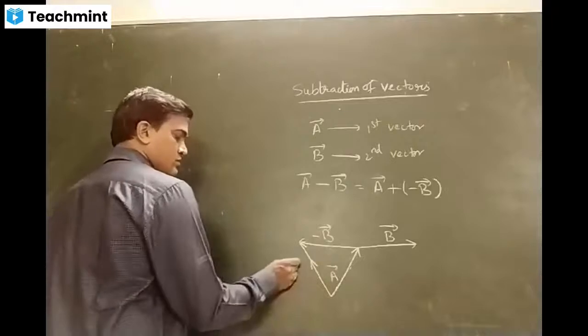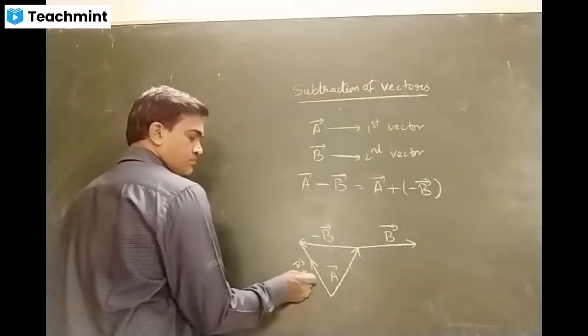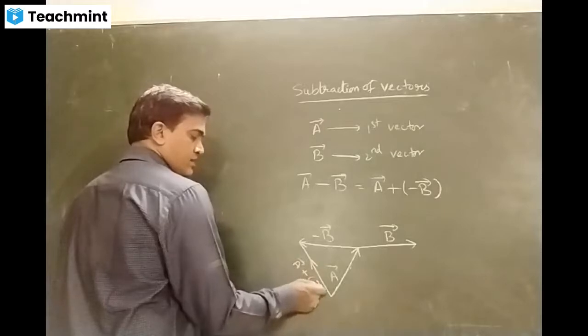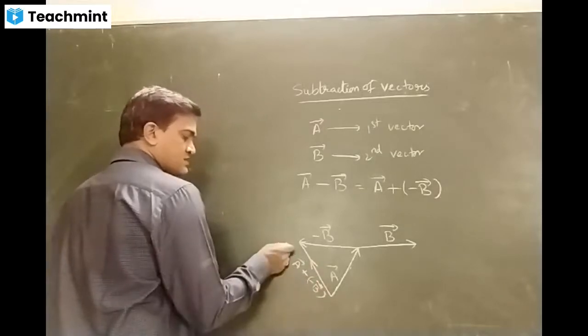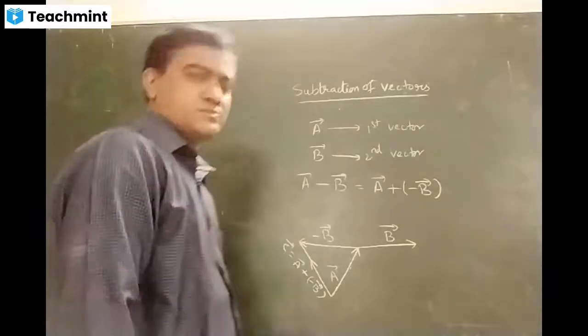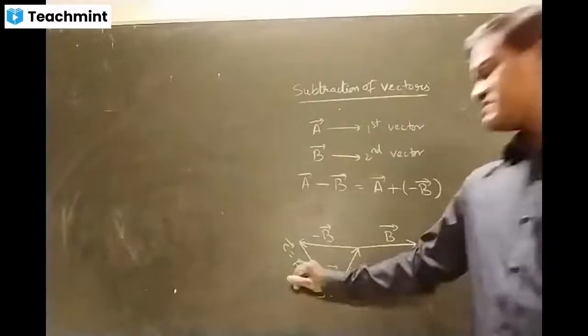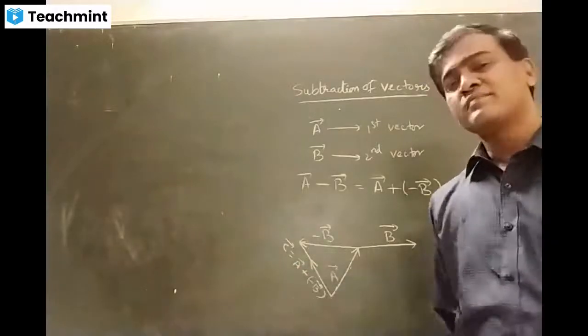So C bar is equal to A bar plus minus B bar, which is C bar equals A bar minus B bar. This indicates A bar plus minus B bar is nothing but A bar minus B bar.